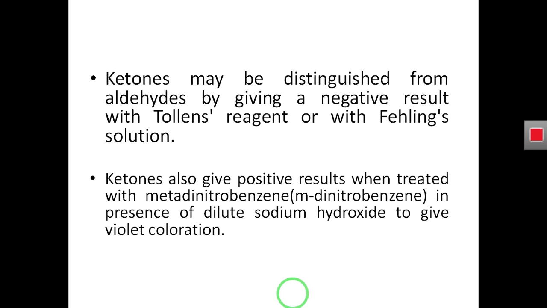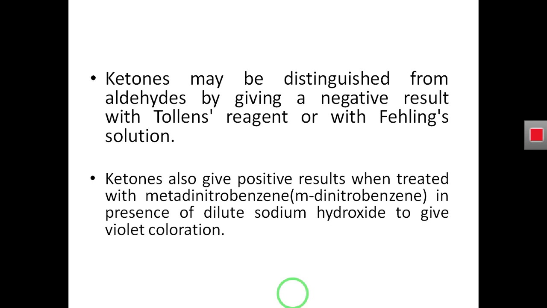So what will happen, there will be no color change. If the sample has ketone, the sample will not change its color. So ketone will not change its color if we add the Tollens reagent or Fehling reagent.